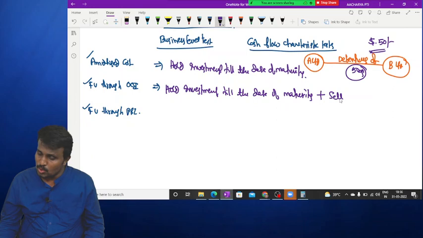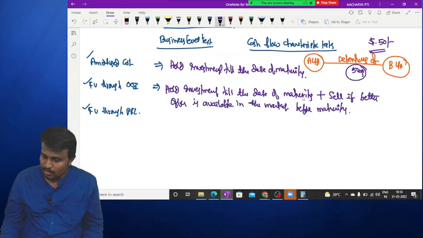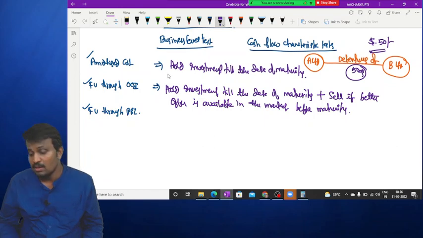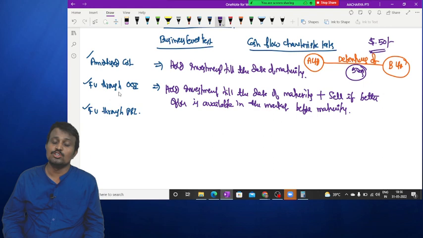Clear everyone? If A Limited wants to hold the investment till maturity, then better to go for amortized cost. And along with that, if the party wants to sell it if a better offer is available in the market, then that is covered under fair value through other comprehensive income.